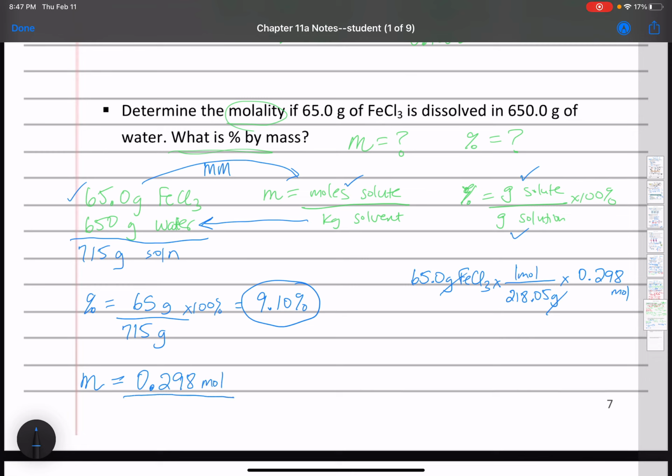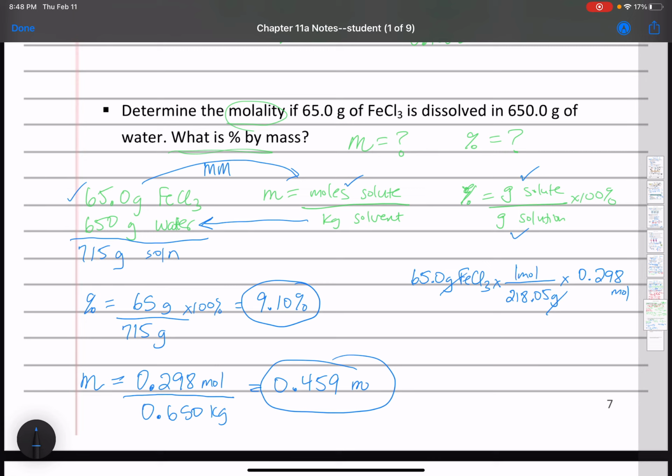And my kilograms of solvent is 650 divided by 1,000, 0.650 kilograms. So my molality is 0.459 mole, little italic m.